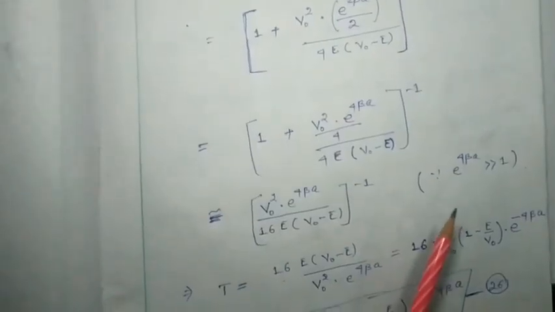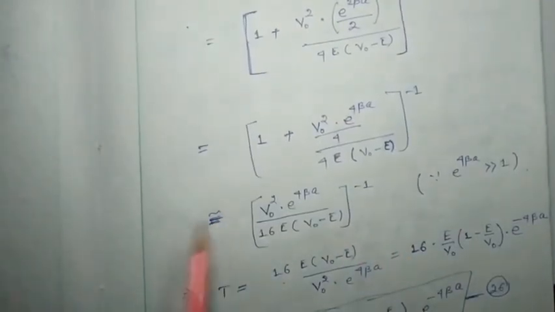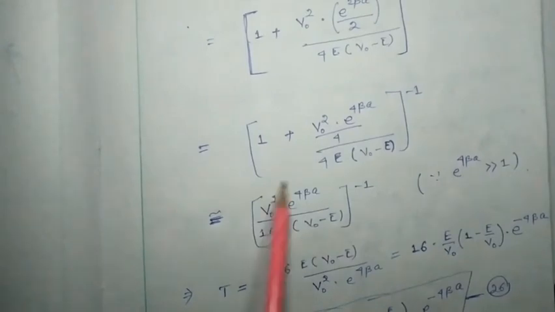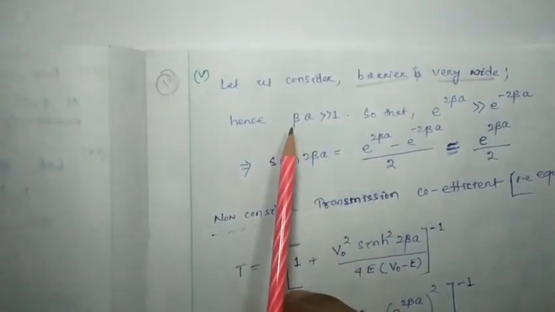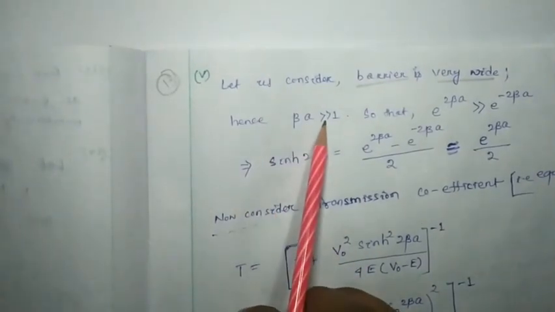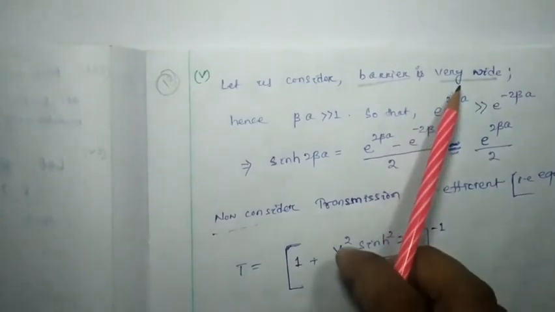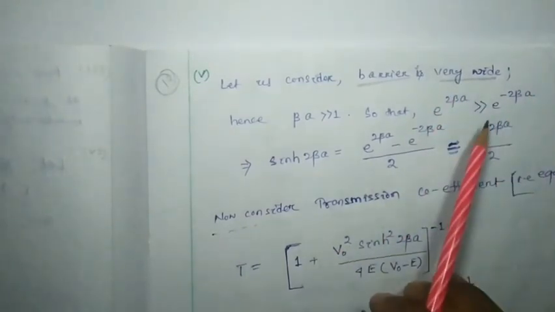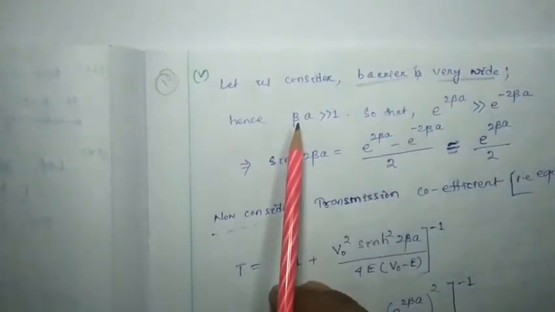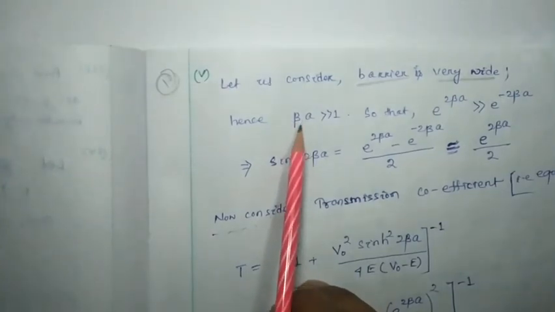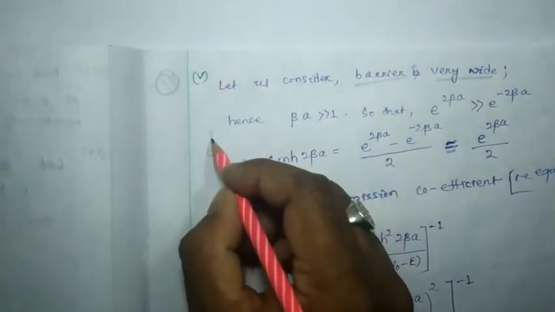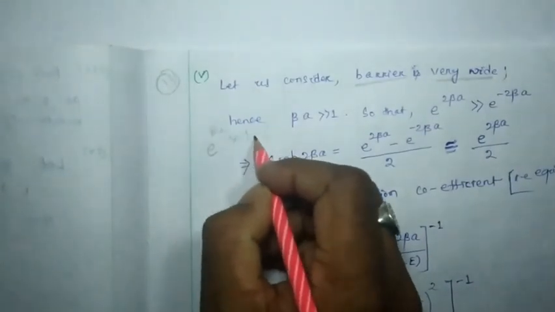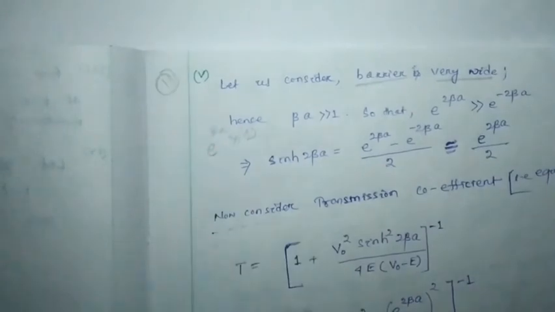Now this will be approximately equal to this much, because we considered initially that e to the power βa is greater than 1, then e to the power 2βa will be greater than 1, because βa is greater than 1, hence e to the power βa is again greater than 1. Okay, because the value of e is 2.3.